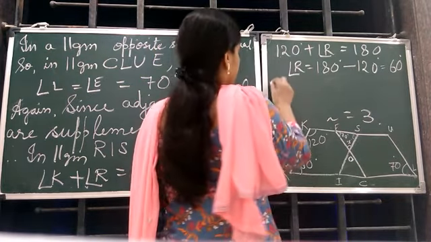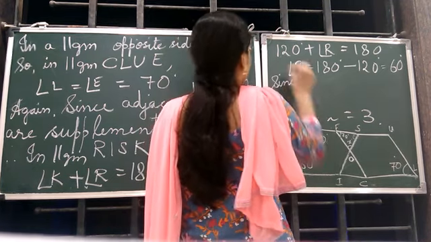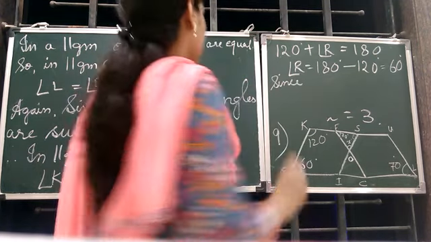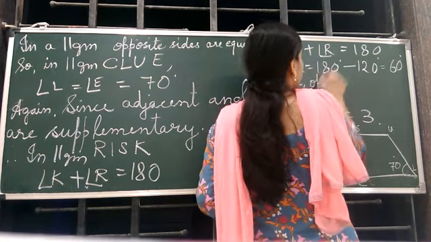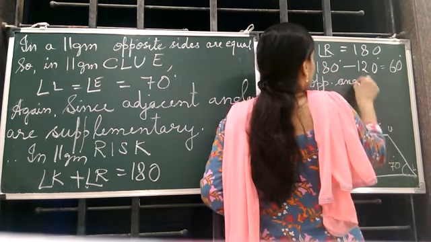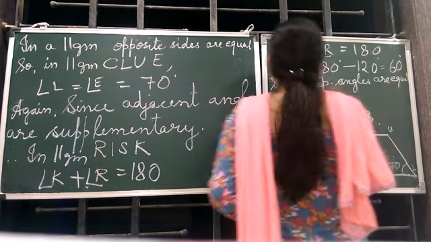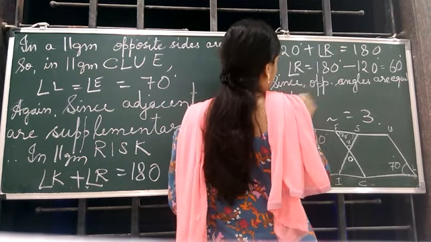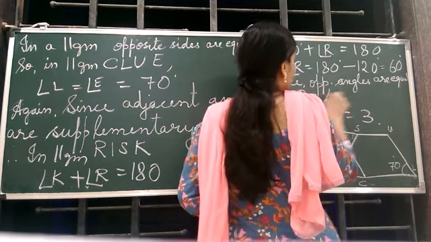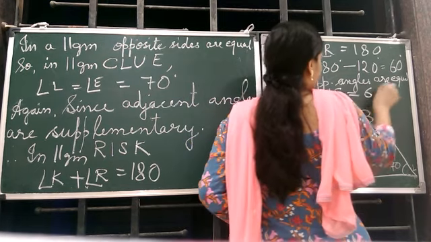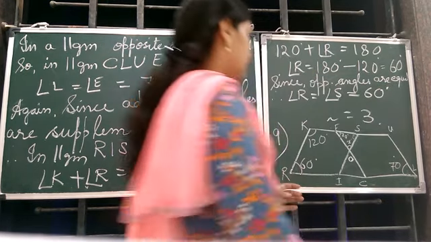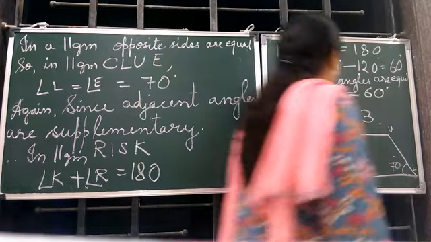Since we have already discussed opposite angles are equal, therefore angle R is equal to angle S is equal to 60 degree.